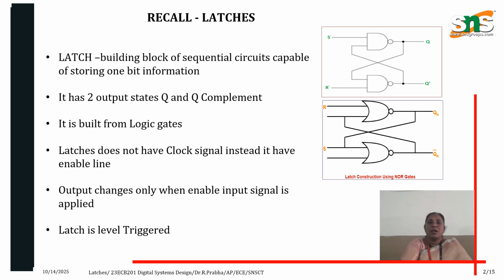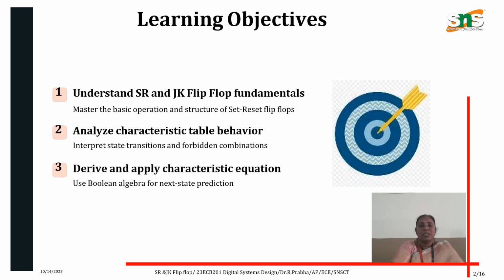And the outputs are always complement to each other. One is Q and another one is Q complement. And it does not require a clock signal. It has an enable line, and the output changes only when the enable input signal is applied, and they are level triggered.